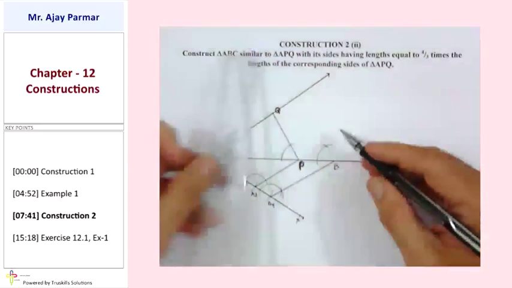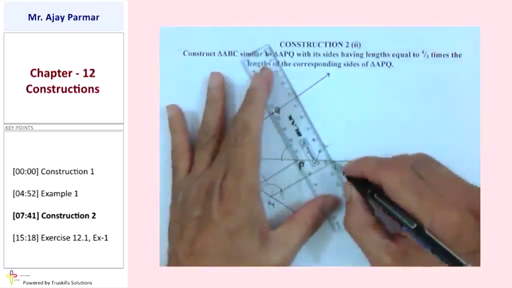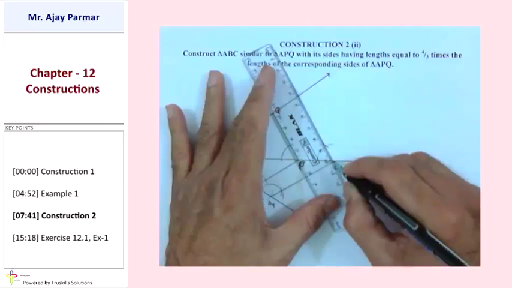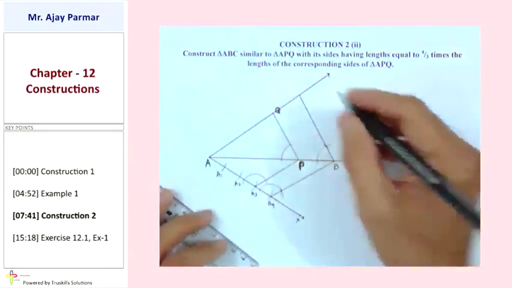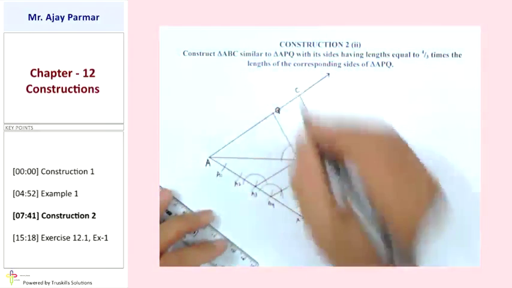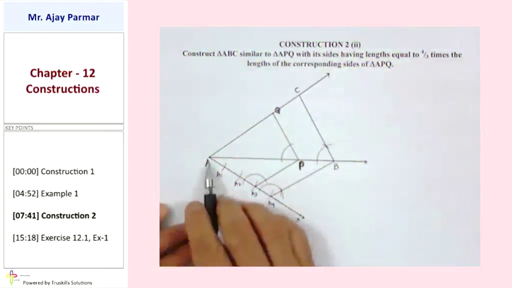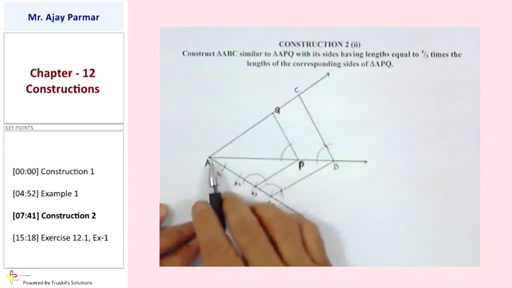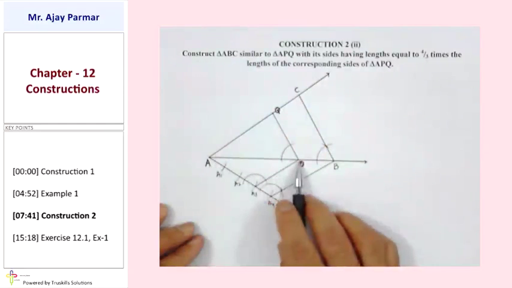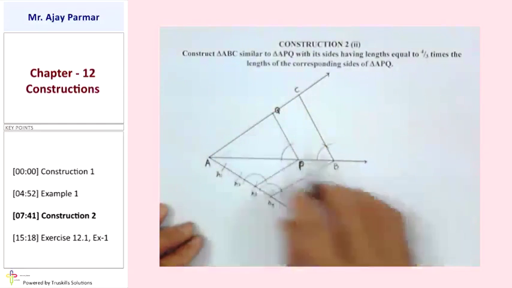And draw a ray which will be parallel to line segment PQ, and that is going to intersect the next ray at point, say, C. That means here triangle ABC is the required triangle whose scale factor is 4:3 with triangle APQ.